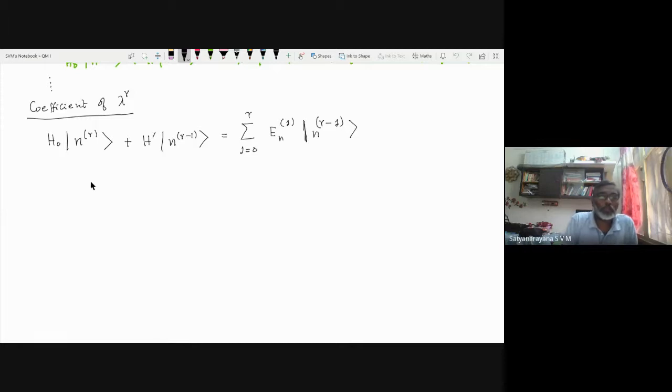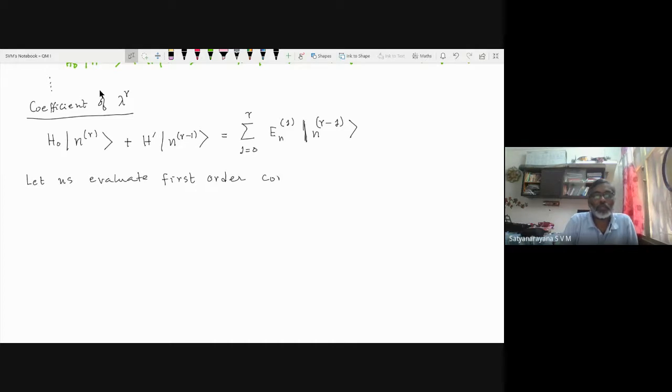So let us evaluate the first order corrections, namely E n1 and n1.